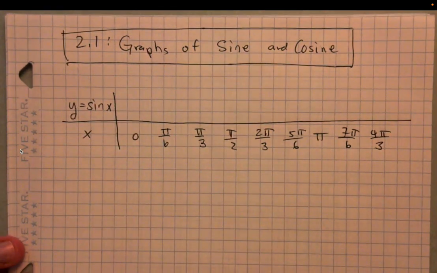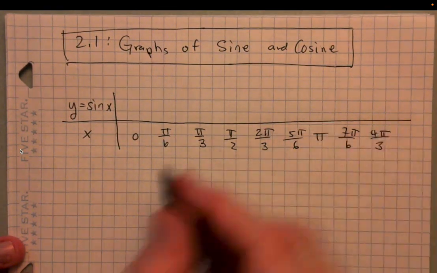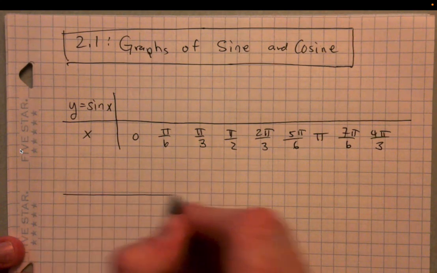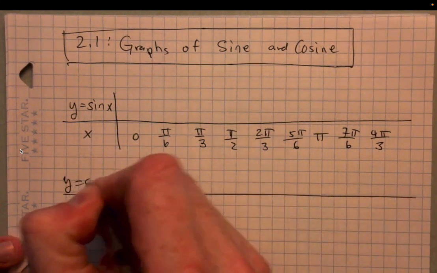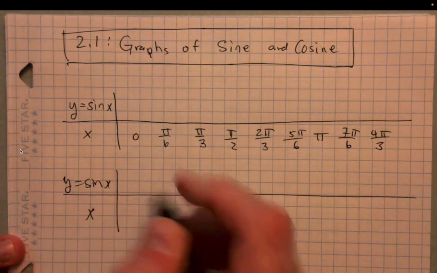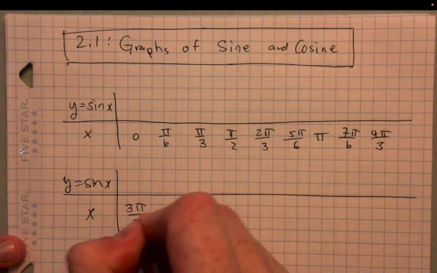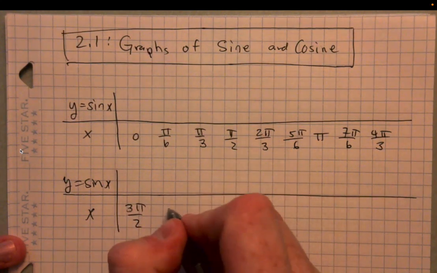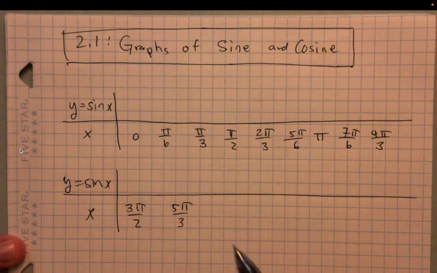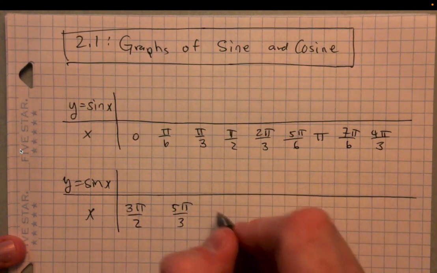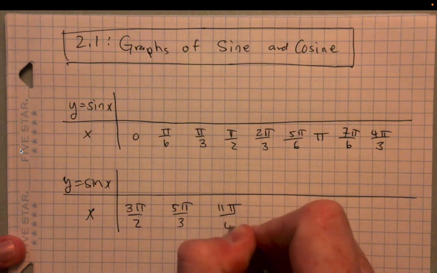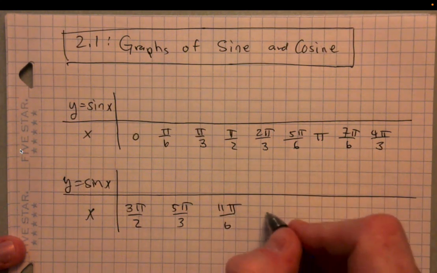I might have to go on to another line here, unfortunately. That's okay, so long as we can get them all down on paper. So 4 pi over 3, 3 pi over 2, 5 pi over 3, 11 pi over 6, and 2 pi. Those are the ones that I want to focus on right now.